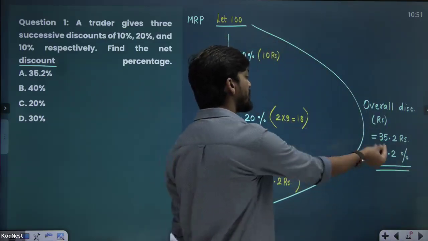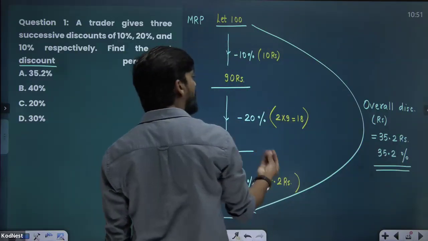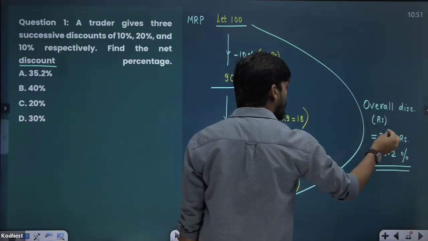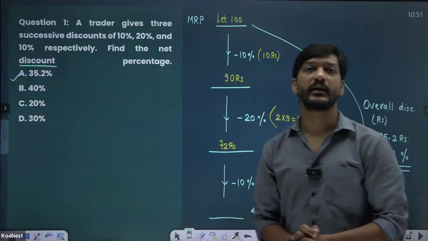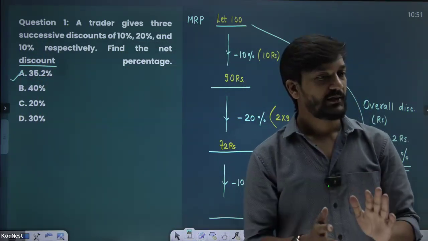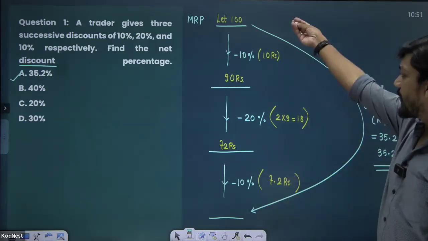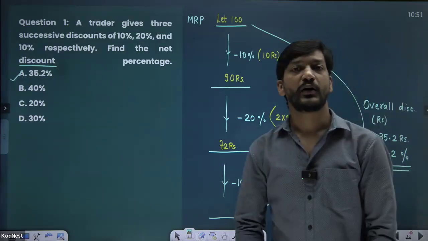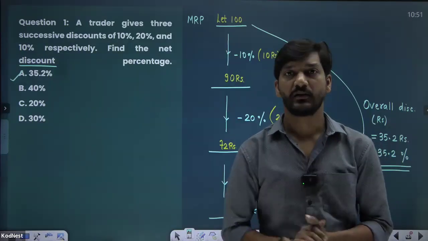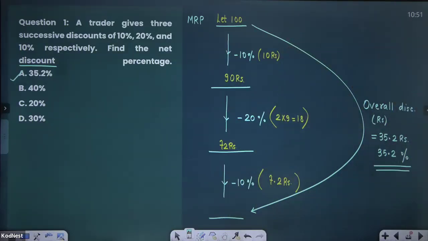So this is your answer. So three discounts are equal to 35.2% net discount. So 35.2 is the net discount. So carefully see please. Start with 100. Calculations will be simple. Sometimes it might be difficult also. So in that case, we have to do something little bit. Okay. See please. There are formulas for this also, but I don't prefer formulas.